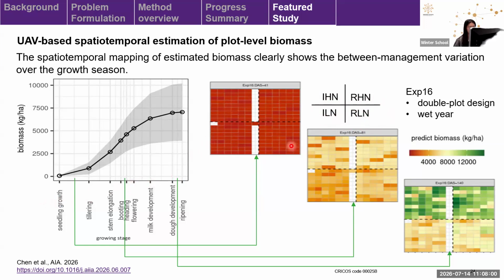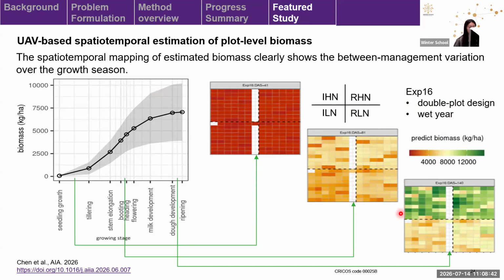As the crop goes over time, you can see the cultivars grown under the high nitrogen achieve higher biomass than those grown under the low nitrogen treatment. And because our experiment is a double plot design, you can see these two plots show a very apparent difference to the other plots. So you can see the double plot design here from our prediction.